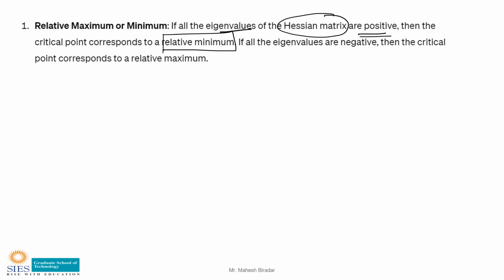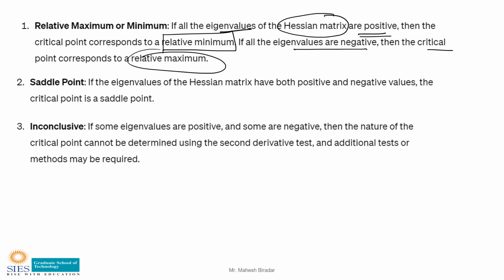And in the other case, if all the eigenvalues are negative, then the critical point corresponds to a relative maximum. Saddle point: if the eigenvalues of the Hessian matrix have both positive and negative values, means mixed, then the critical point is a saddle point.